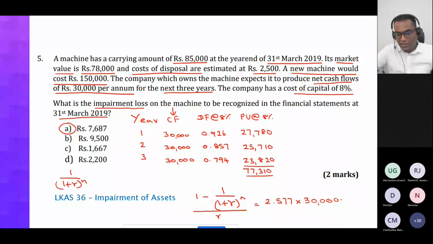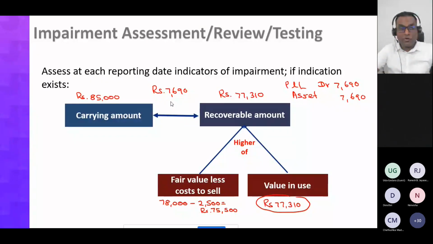How much? 77,310. So in both ways I get the same answer, either by using the annuity factor or by using the discounting factors. If you know the annuity factor, you have a shortcut. Why can I use the annuity factor? Because the cash inflow is the same amount in each year. Right, okay, done. Moving to the next question.